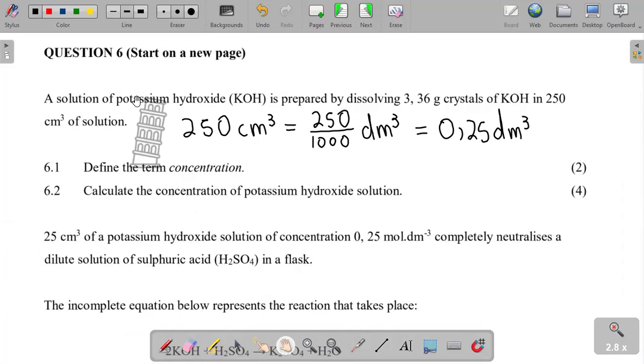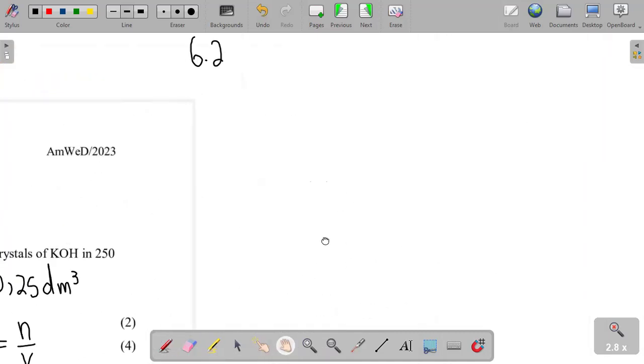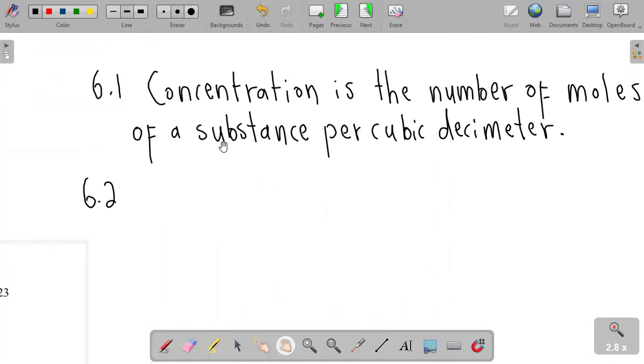We know that the formula for concentration is C equals N over V, isn't it? But then we don't have the N. So we have to find the N first before we can use this formula, you see? We're given the mass, 3.36, so the first thing we must do is find the N in order to calculate the concentration.